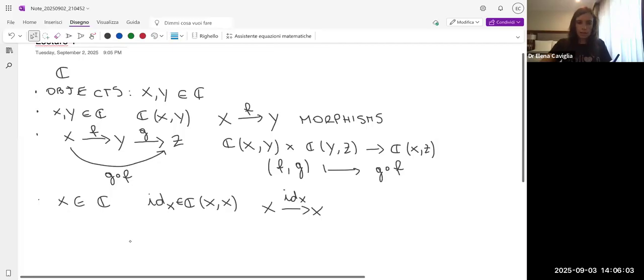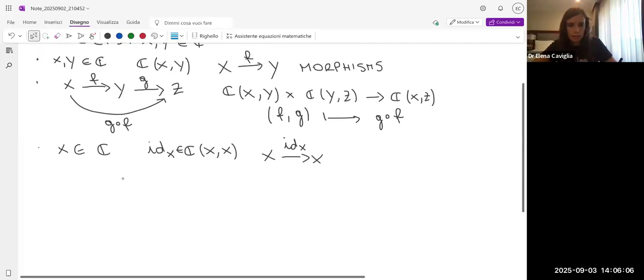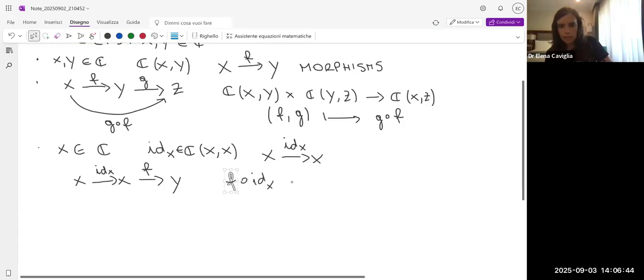This morphism is special because if we now have a morphism f from X to Y, and we precompose it with the identity of X, what we get is simply f. This is what we normally see also with functions between sets. So if we do f composite identity of X, this must be f.